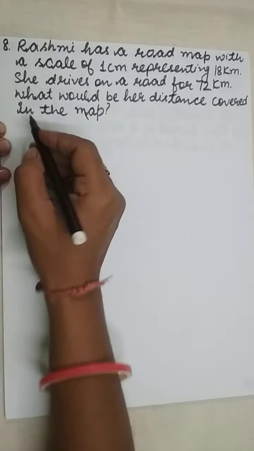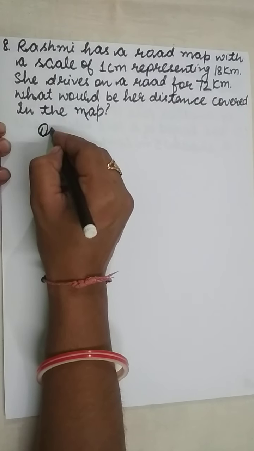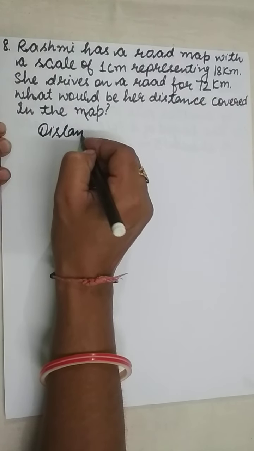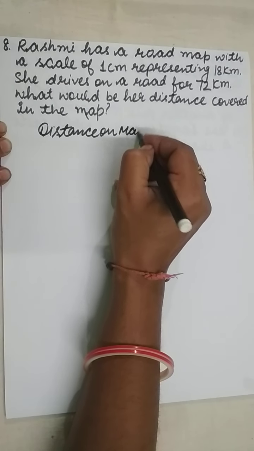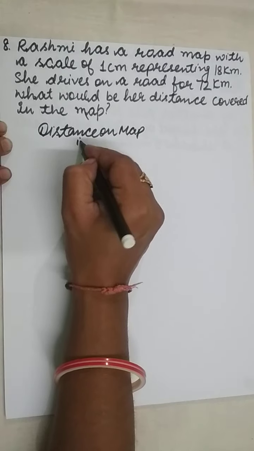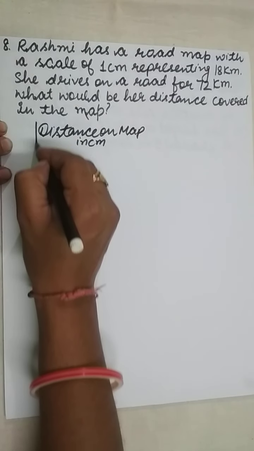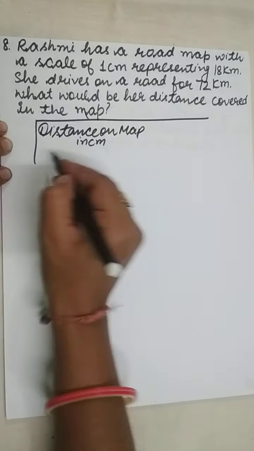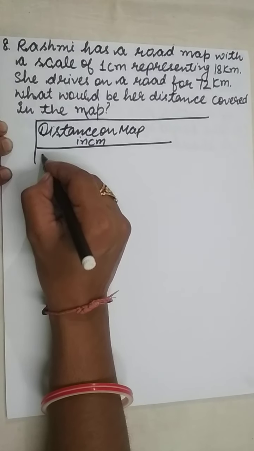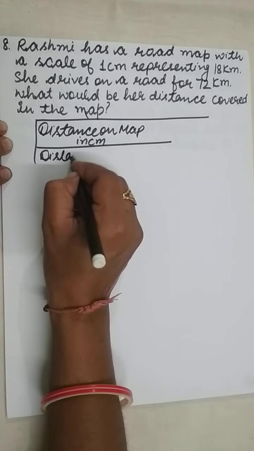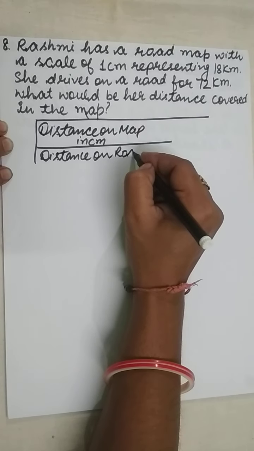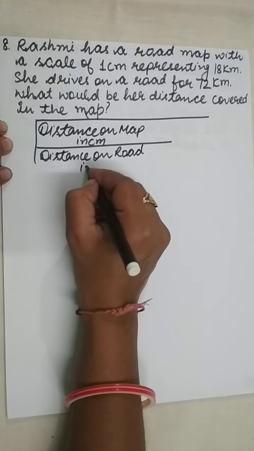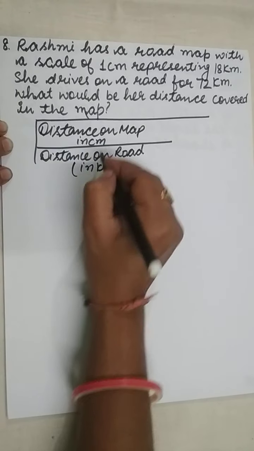So here the table can be written as distance on map, that is in centimeters, and distance on road, it is given in kilometers.